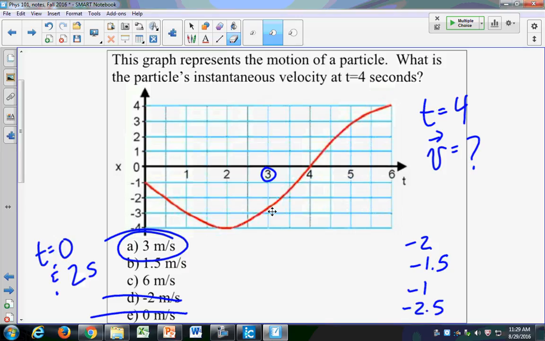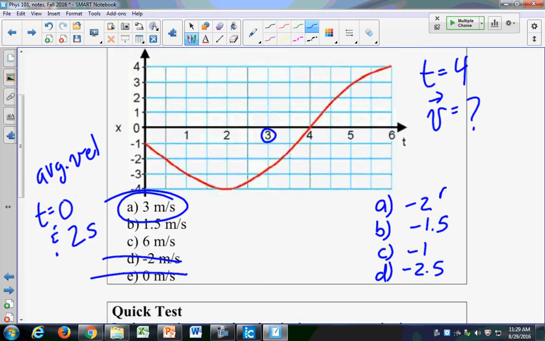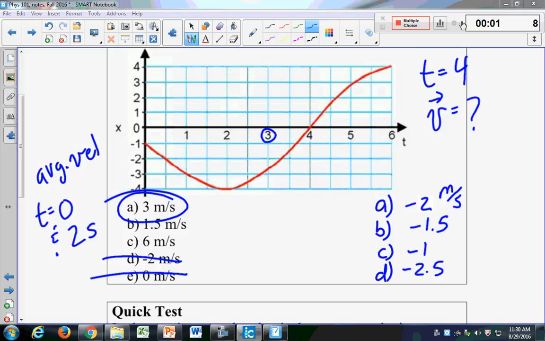What is the average velocity? Is it A, -2, B, C, or D? These are all in meters per second. I'll start these clicker based. What is the average velocity between t equals 0 and 2 seconds?